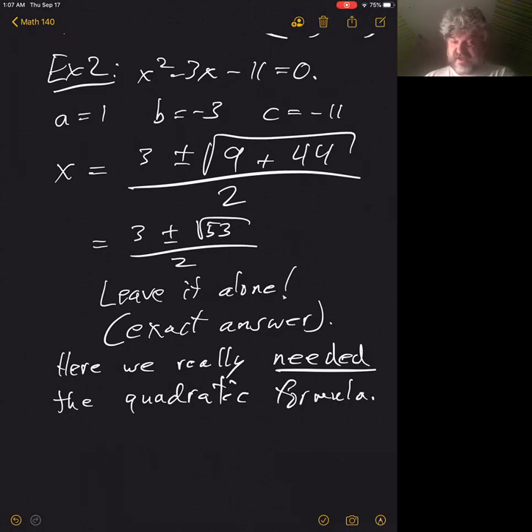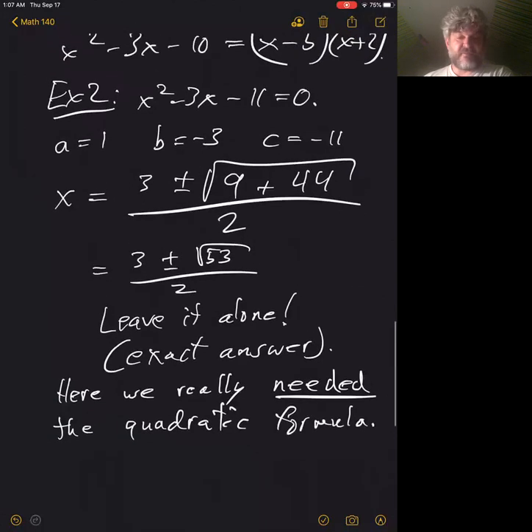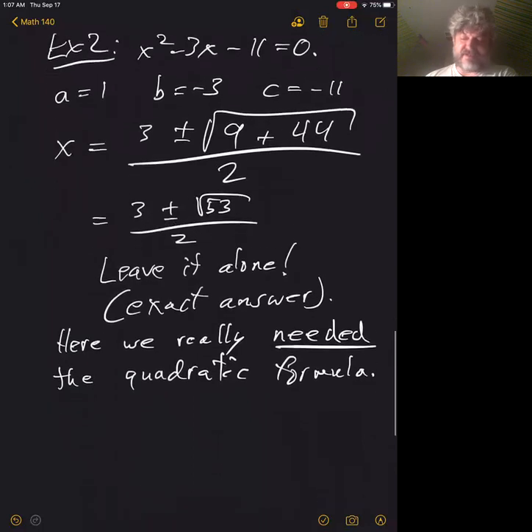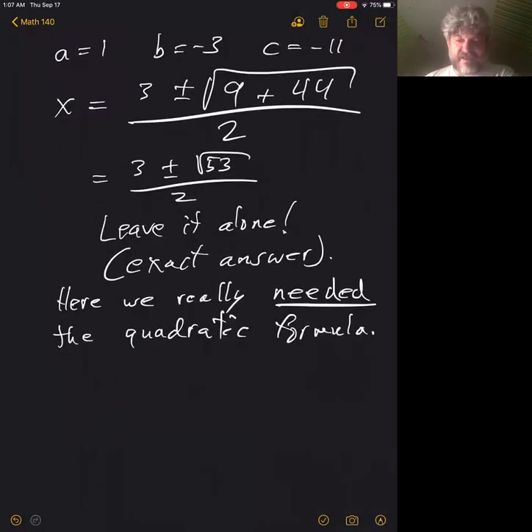Now there's a third case, and that has to do with what if we get a negative number under the square root? I'm not going to do that today. I'm going to leave that for another day because it leads to the topic of complex numbers. There's a lot of problems in this module about complex numbers and the number i and simplifying complex numbers.